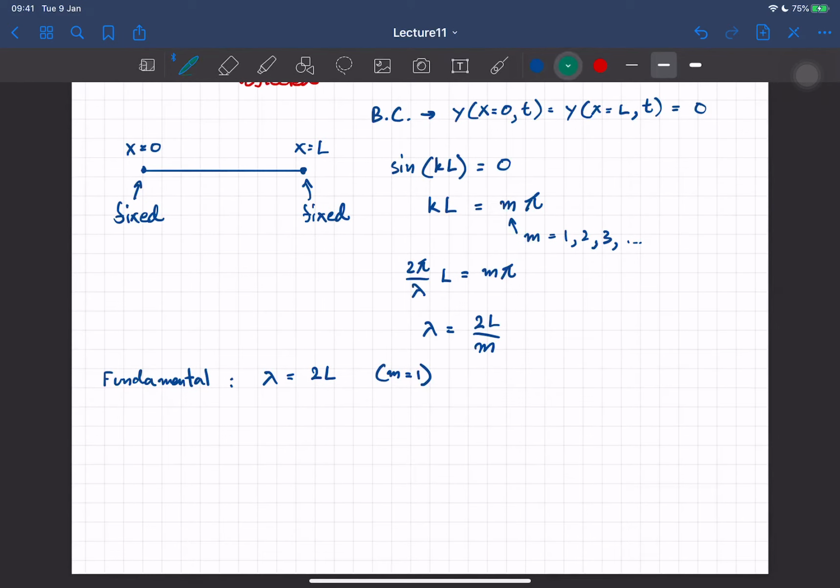Suppose that we know the velocity of the wave in this system, which in this case is a string fixed at both ends. The velocity of the wave on the string depends on two things. One is the tension of the string, and the other one is the mass per length of the string, which we call mu here. And that's fixed by the system.